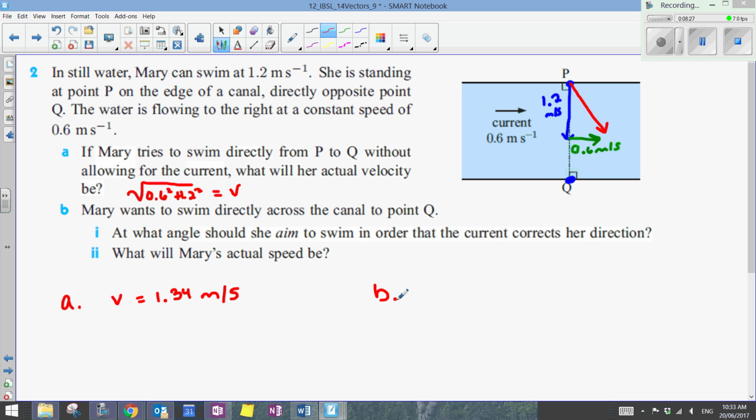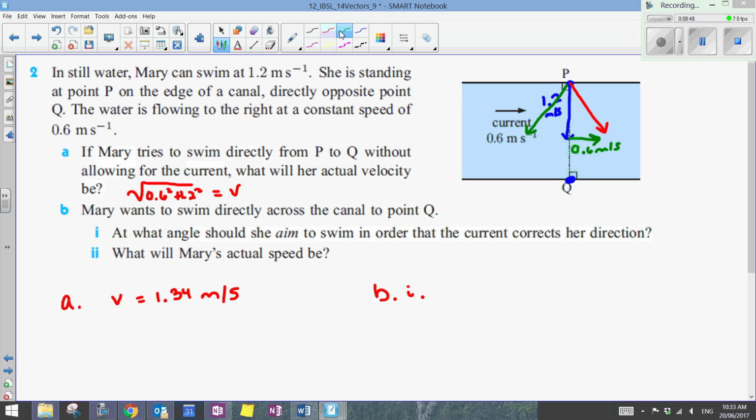So in part B, and we'll look specifically at I first, Mary wants to swim directly across the canal to point Q. At what angle should she aim to swim in order that the current corrects her direction? So if she actually winds up swimming and compensating for the current, she's going to take off in this direction here at 1.2 meters per second.